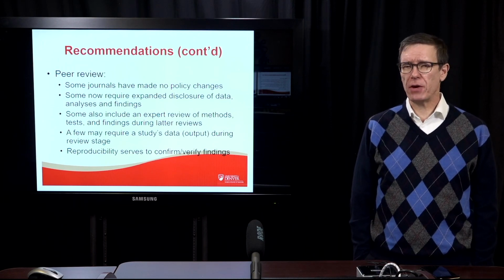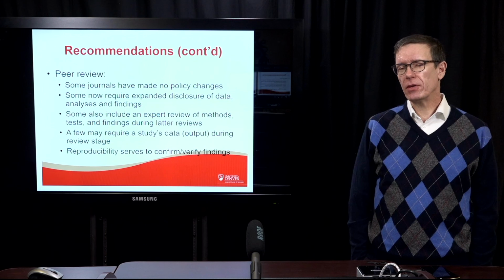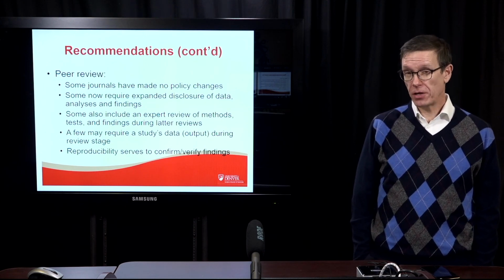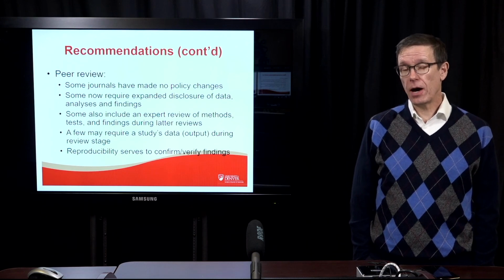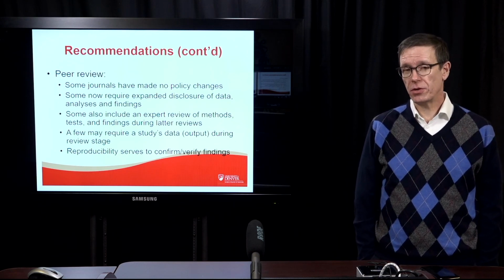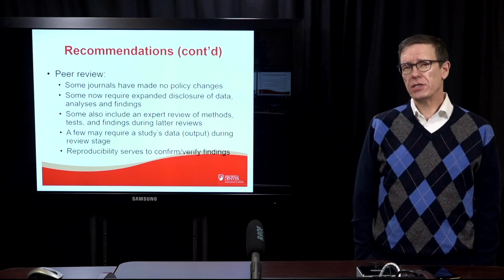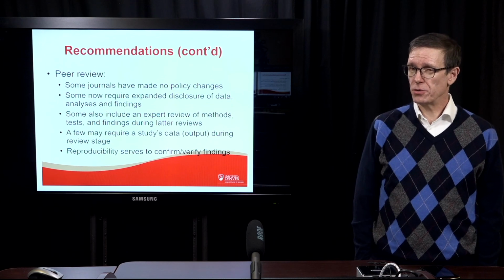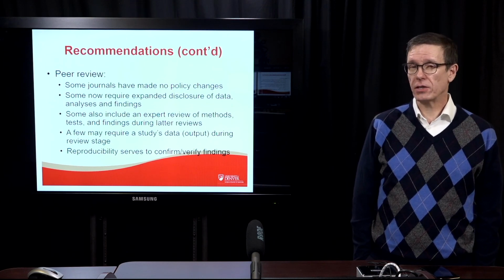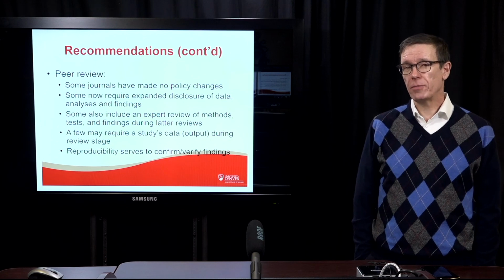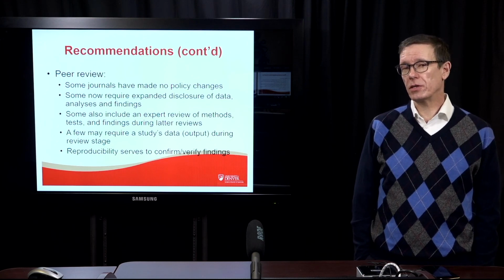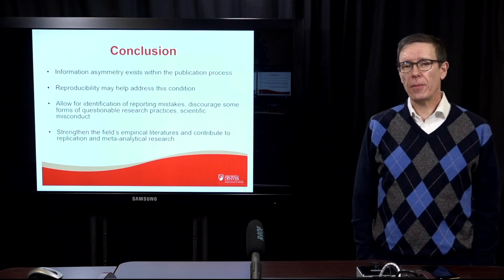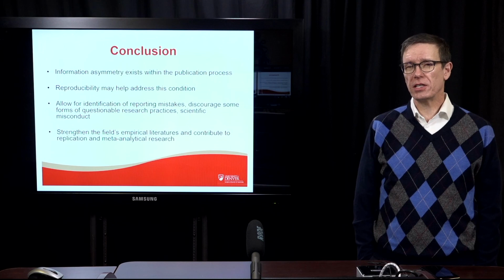A few journals may require a study's data or output during the review stage. So Manuscript Central may include an upload of output for reviewers to examine. All of this is interesting to note because it shows how journals and editors are responding to these problems. We would also add that reproducibility can be part of this process too, because it can help us confirm and verify findings.